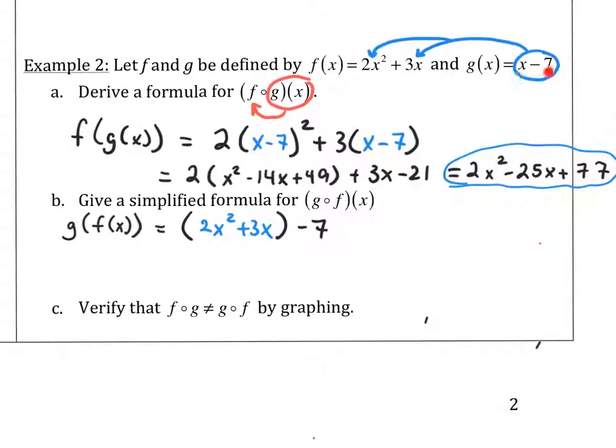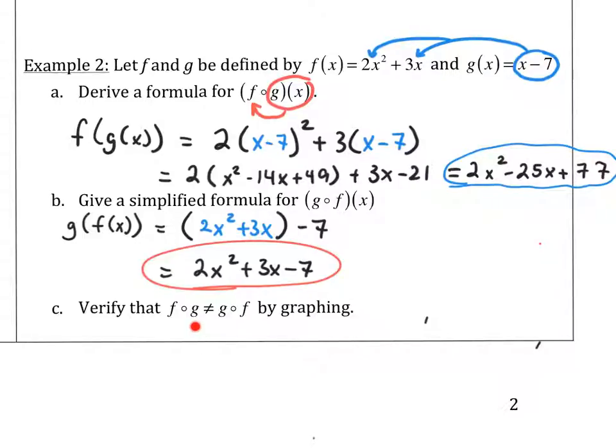So we just say the function minus 7. This one, less work to do. 2x squared plus 3x minus 7. And that is my composite function of g with f as opposed to f with g up there.